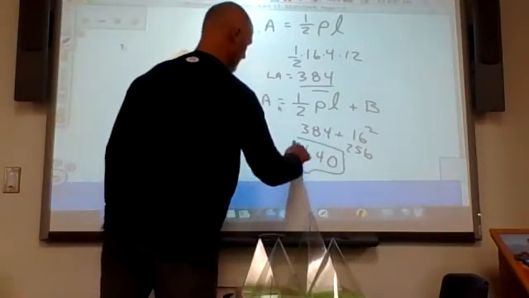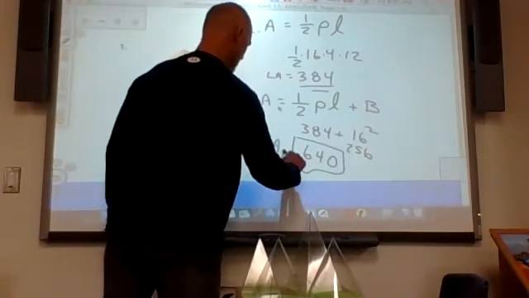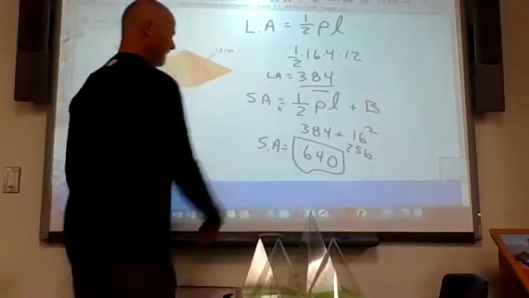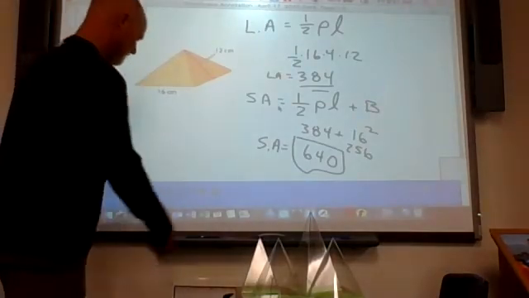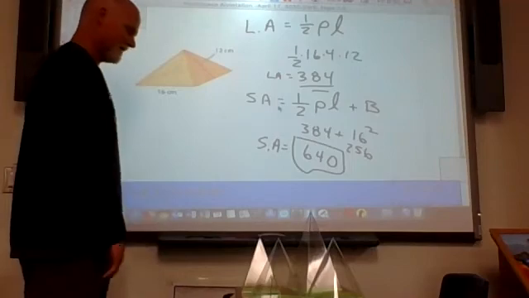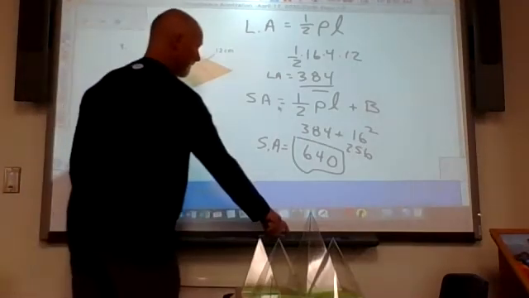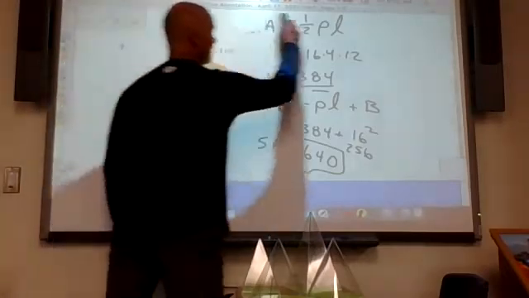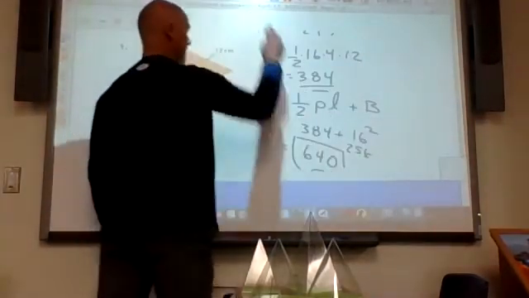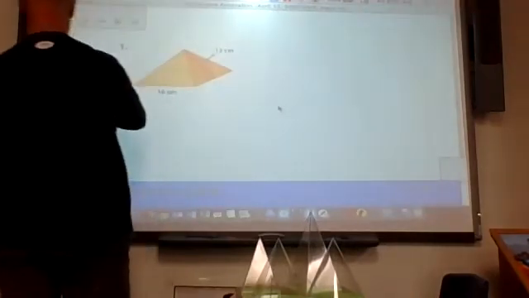And there's my surface area. Make sure that you distinguish between those two when they ask for that. So there's the first, and that's a very basic example. That's probably as easy as it can be. So there's that problem. Now I'm going to go on to the next problem.